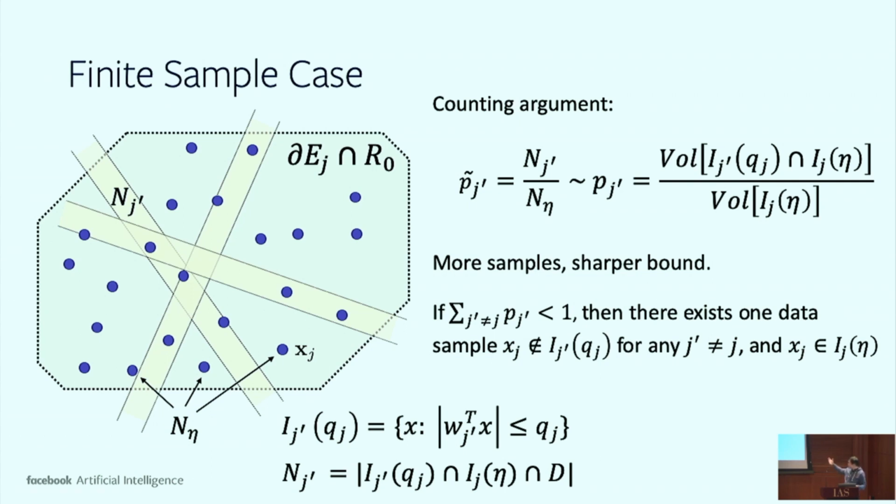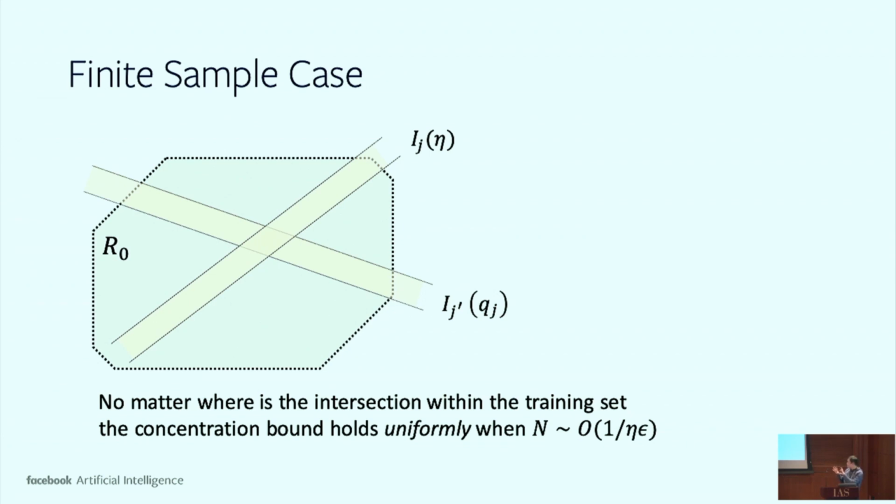People may wonder, how many samples do you need to arrive at this sharper bound? Intuitively, you first place all the samples in the region, and then you check how many data points there are inside the intersection between these two regions.